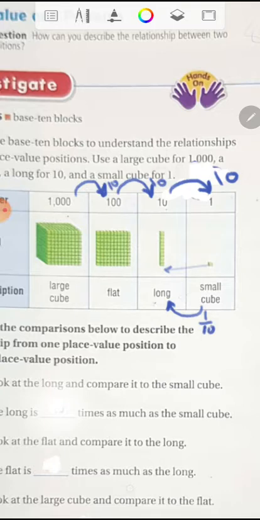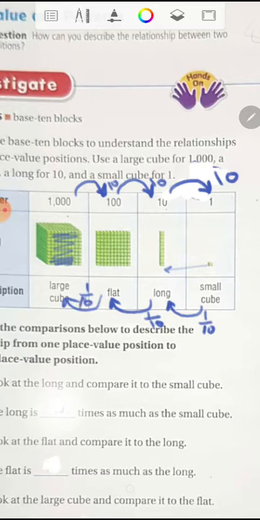And also the long is one part of 10 parts from the flat. So the relationship between long and flat is 1 over 10. What about flat and large cube? The flat is one part of 10 parts from the large cube. So the relationship is 1 over 10 also.